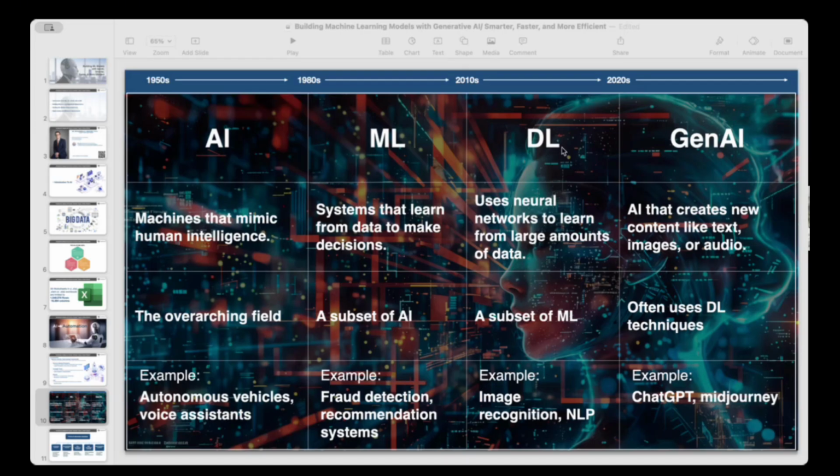And then we move to deep learning. Deep learning is considered a subset of machine learning, while machine learning is a subset of AI. In deep learning, we are still learning from the data and applying the learning on the newly coming data. We are learning from known data, and then we apply the learning on unknown data. Right?